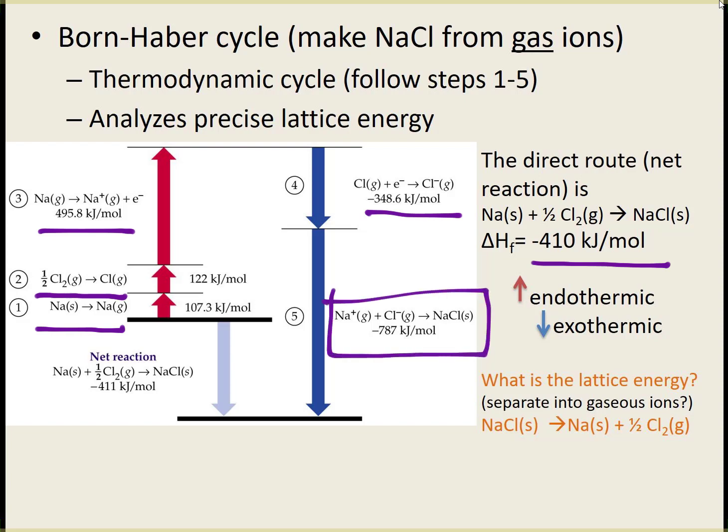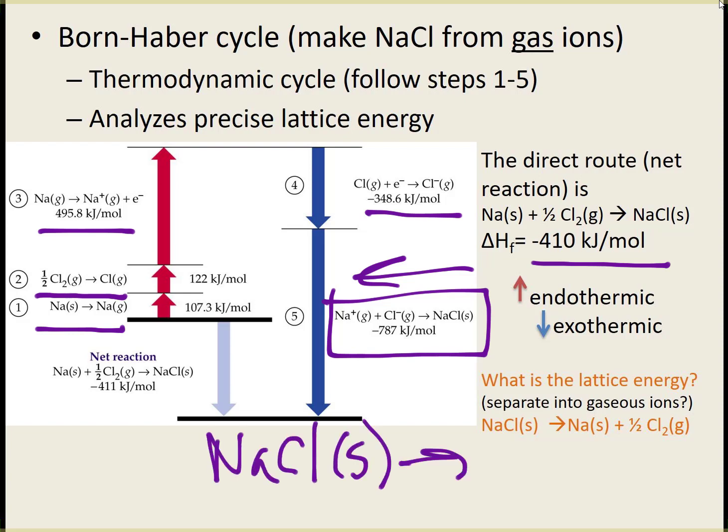And so this is basically the opposite of lattice energy. Lattice energy is going this way, where you take the solid and then you make the gaseous ions. So if I made the sodium chloride solid and it released 787 kilojoules per mole, then to do the lattice energy going the other way, it would take that amount of energy.